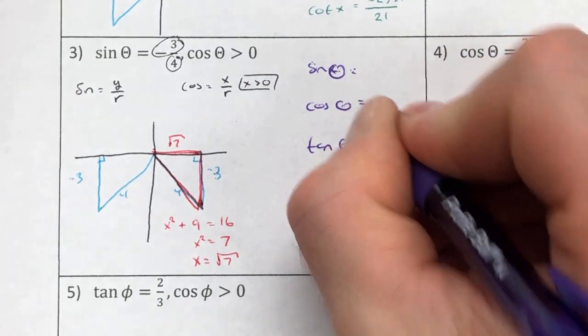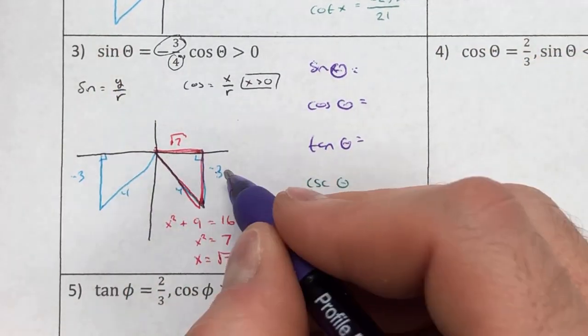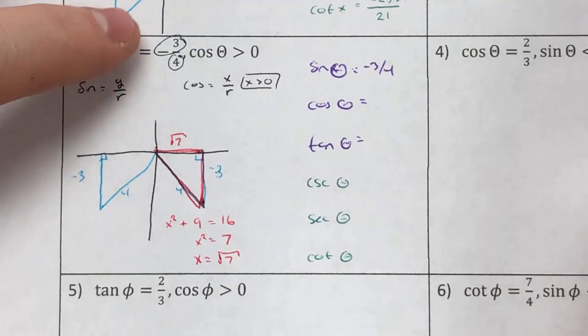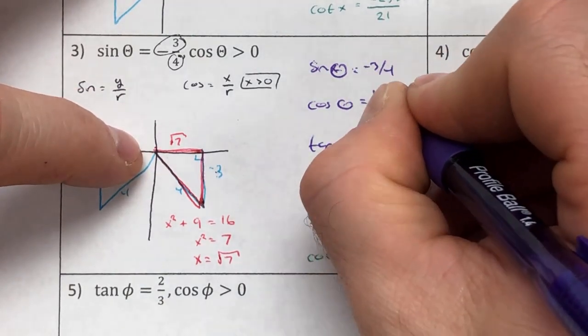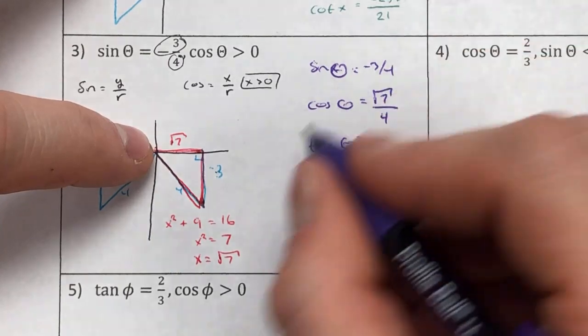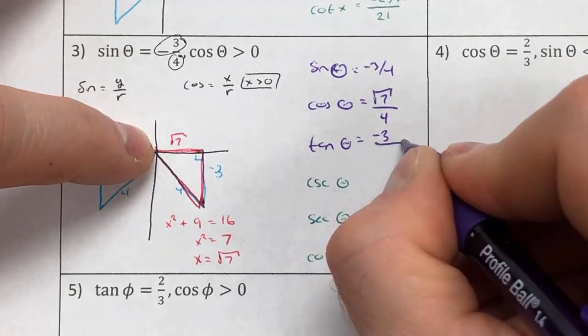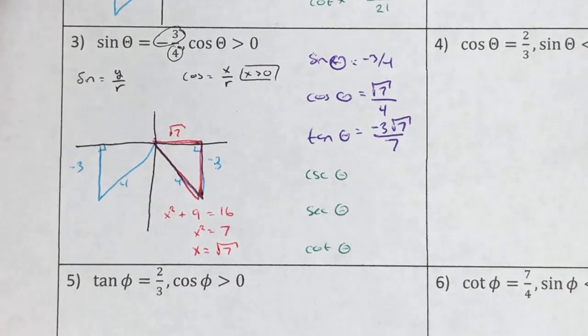So what I know is that the sine, dealing with only this triangle right here, is going to be the opposite over the hypotenuse, so -3/4, which is what we had right here. Cosine is the adjacent, so we get the square root of 7 over 4, and the tangent is opposite over this. So it would be -3 over the square root of 7, which we know we can't have, so I rationalize it by bringing it to the top.